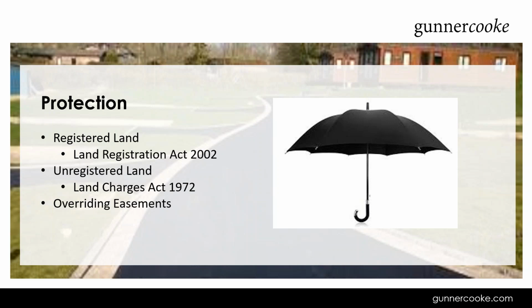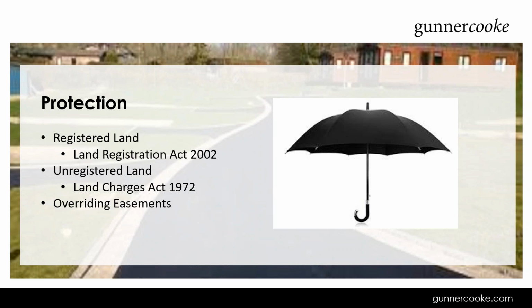The other thing worth noting is your overriding easements. These were initially governed by the Law of Property Act 1925 and more recently by the Land Registration Act 2002. Again, I'm not going to go into too much detail, but these are easements that may not be immediately apparent when you're inspecting the site, but you should be able to see them from pre-contract inquiries, or by having a look at local land searches, and so on.